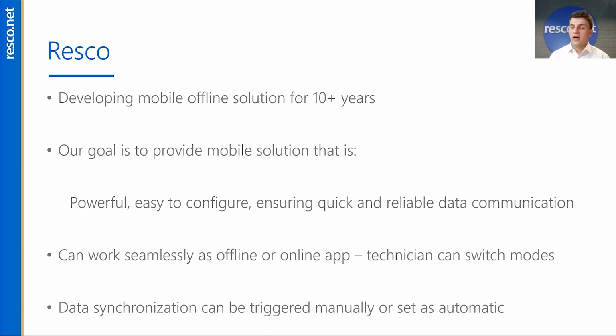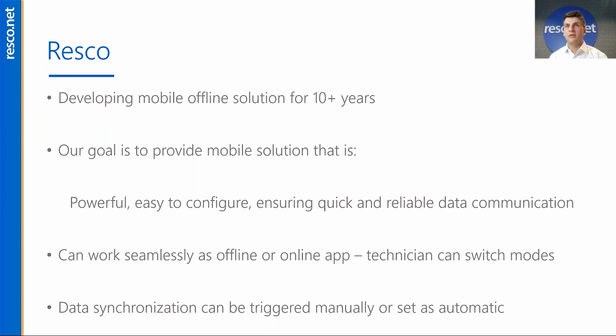The technicians are able to switch between these two modes. For example, if the technician is at the office for the day, he can just switch to online mode and not think about synchronization at all. The synchronization can be triggered manually, or it could be done automatically, or you could also set the synchronization to be triggered when any data is changed, so it would be uploaded right away.